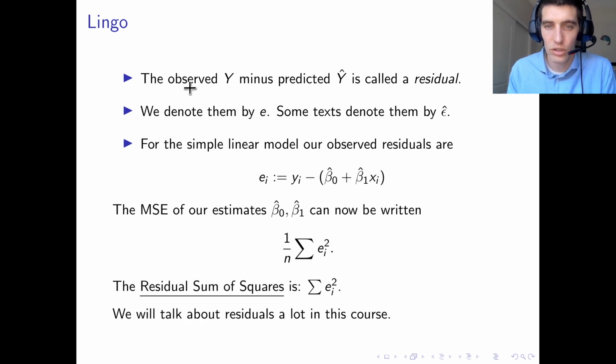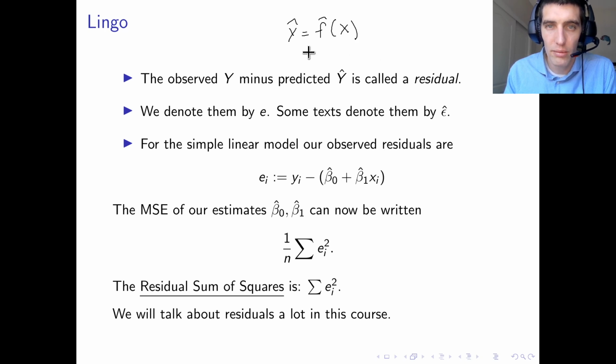More lingo in terms of introducing simple linear regression. The observed y, the true y, minus our predicted y hat, is called a residual. In general, the prediction y hat is equal to f hat evaluated at our input point x.